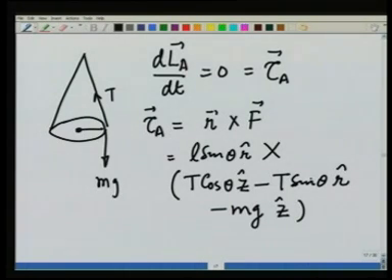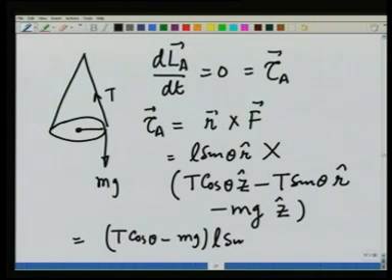R cross R is 0, and therefore when I take torque about A, I get R cross Z is minus phi, so (T cosine theta minus mg) times L sine theta in the minus phi direction, and this must be 0 because dL_A/dt is 0.